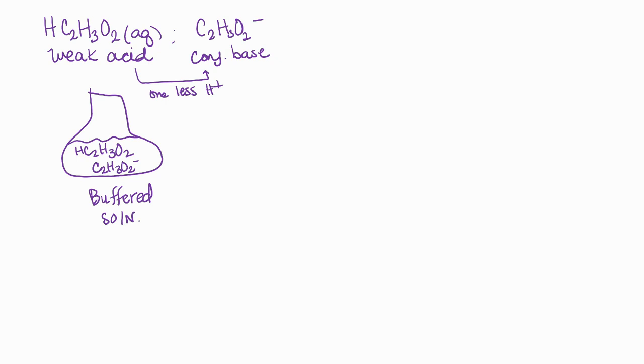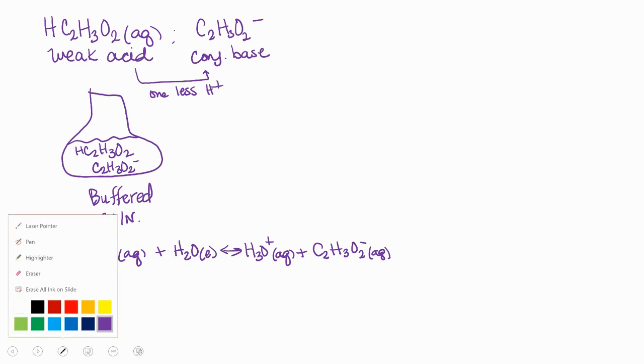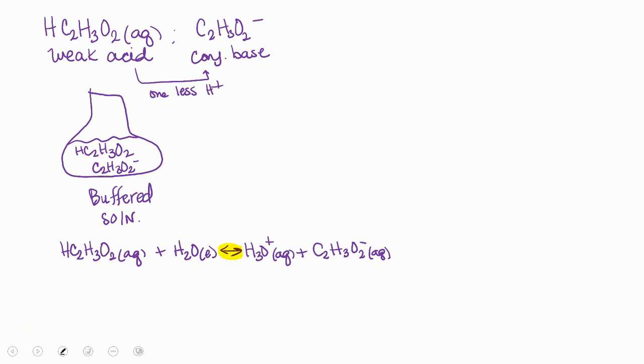The equation that describes this reaction is the ionization equation for the weak acid. Remember, acids lose H plus to form hydronium ion, and in this case, conjugate base, acetate. This is a weak acid, so we're going to show the double arrows. Remember, those will have an equilibrium.